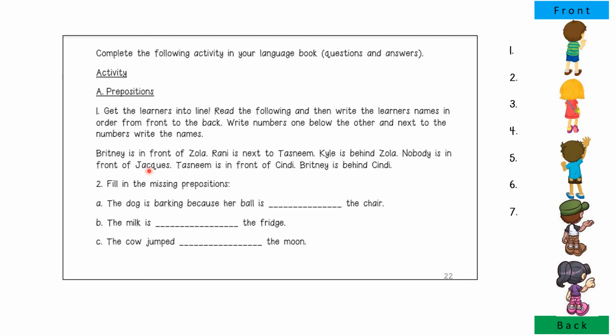So when nobody is in front of you, it means that you are actually right at the front. Because when you are right at the front of the line, nobody is standing in front of you. So we know for sure that Jack will be number 1. And from there you can work your way through the rest of the numbers.